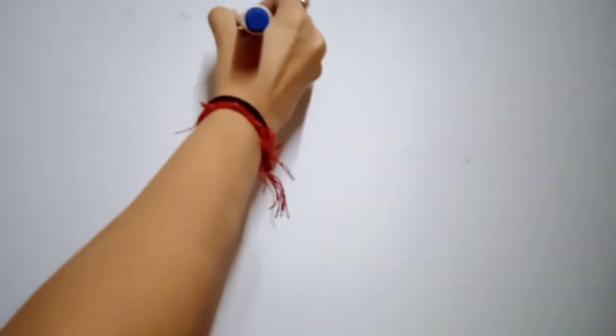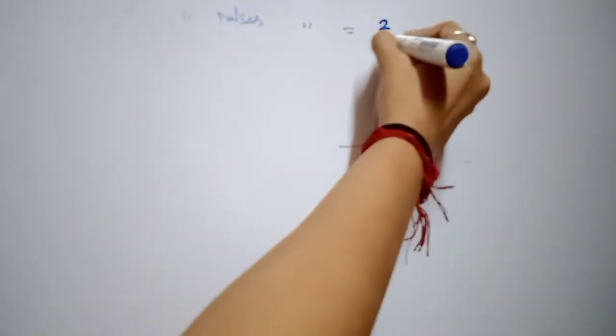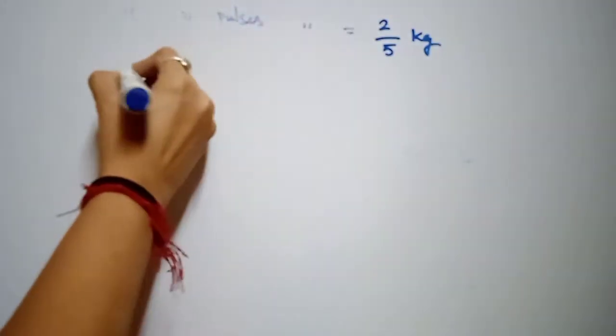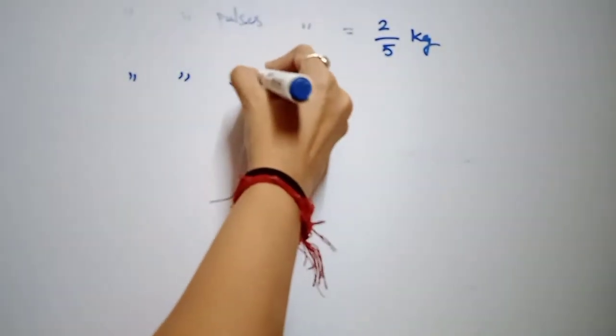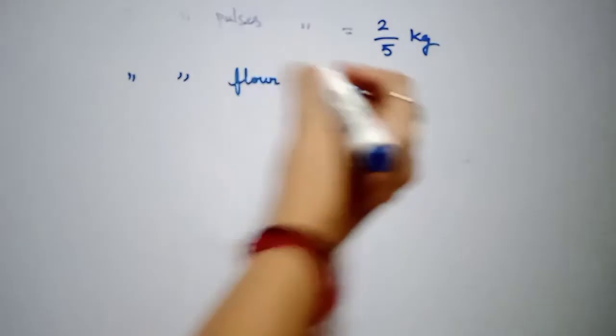Parts of pulses bought, that is given as 2/5 kg. And parts of flour, that is given by 1/8 kg.